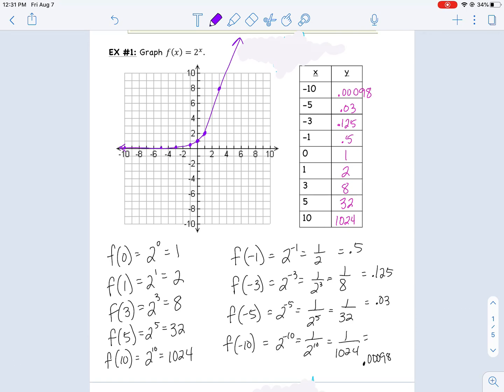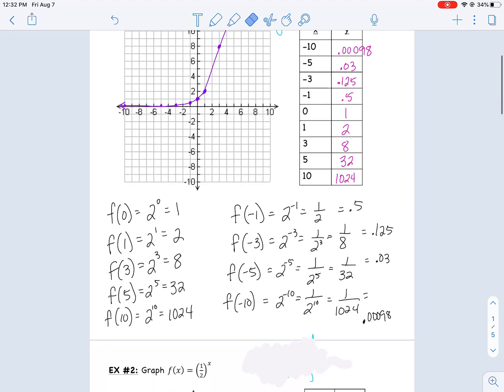What this is called is exponential growth. So I have a graph that looks like this and it goes really quickly up. You notice that when I did 2 cubed, I got 8, but 2 to the 5th power is 32, and 2 to the 10th power is really big, 1024. So the bigger my x, the extremely bigger my y value gets. Exponential growth.